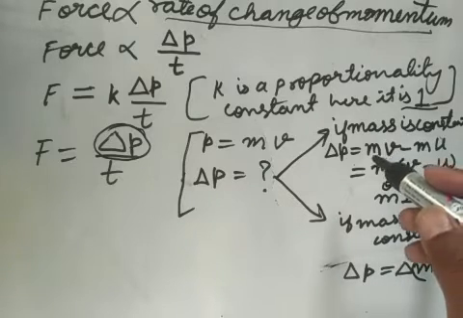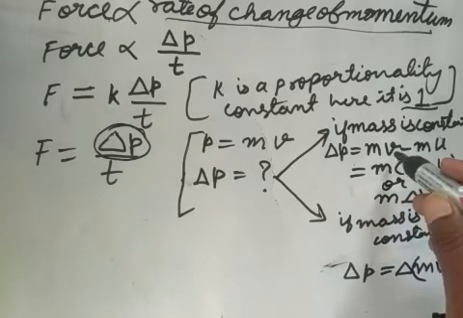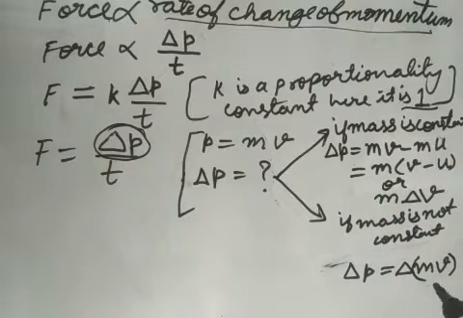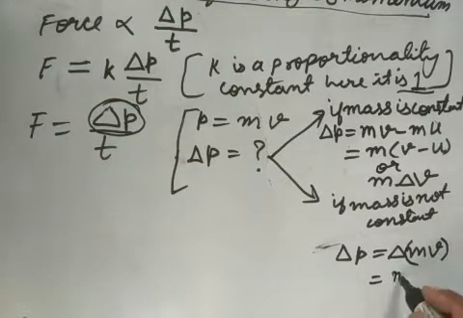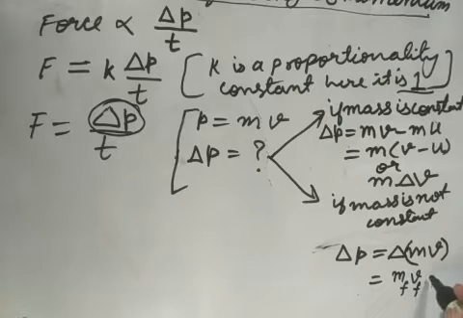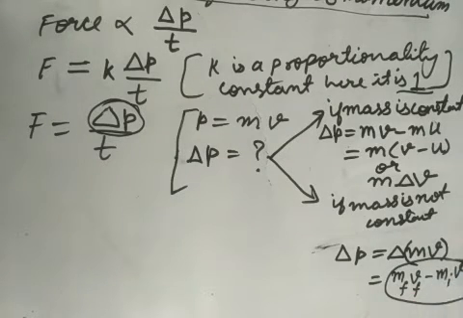Here we had final momentum minus initial momentum, and mass is also changing, velocity is also changing. Maybe we can write it like final mass times final velocity minus initial mass times initial velocity. So nothing can be taken common. What can we do now? We can't do anything. So in this case, it is better to leave it as it is.